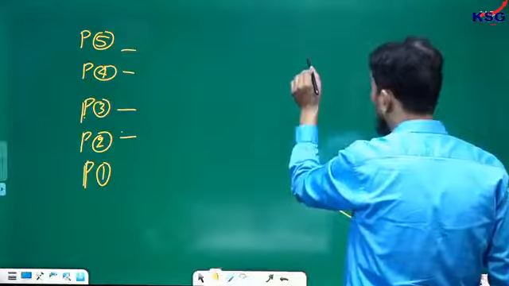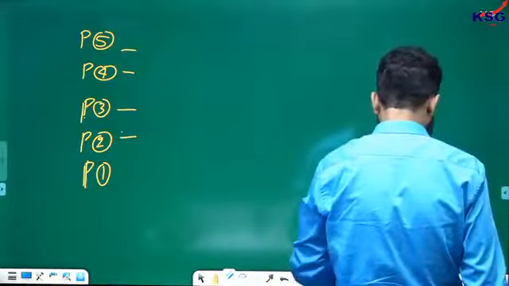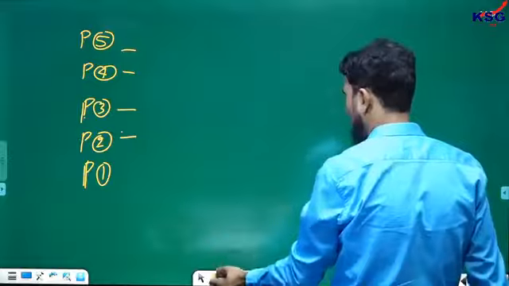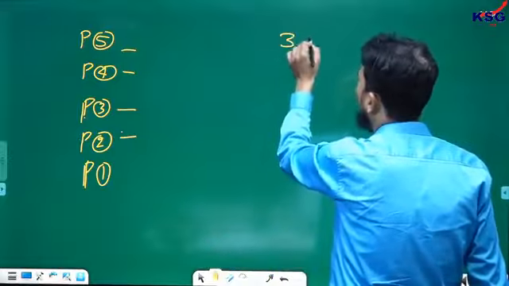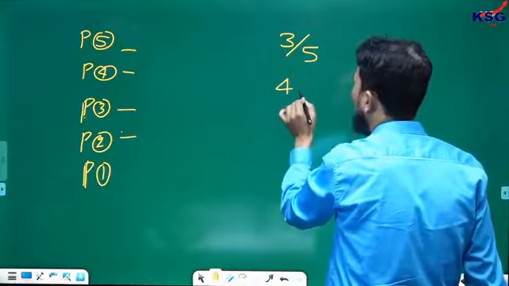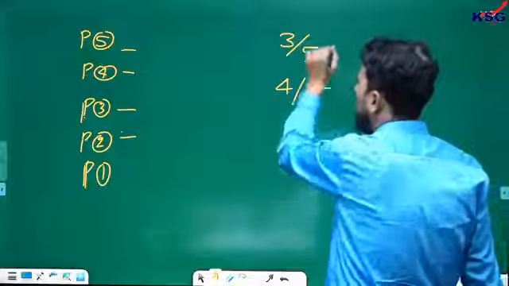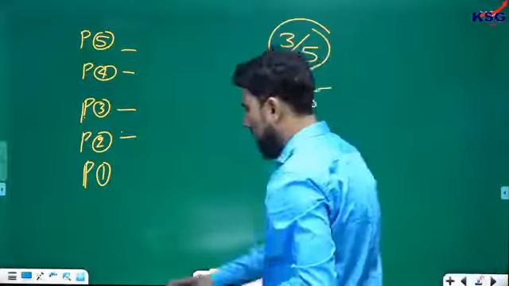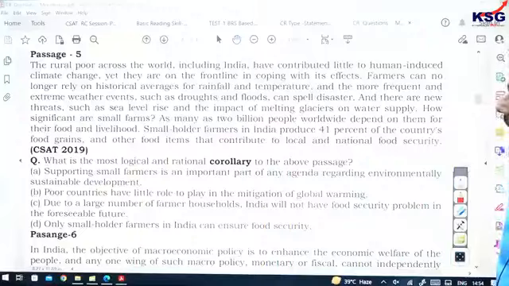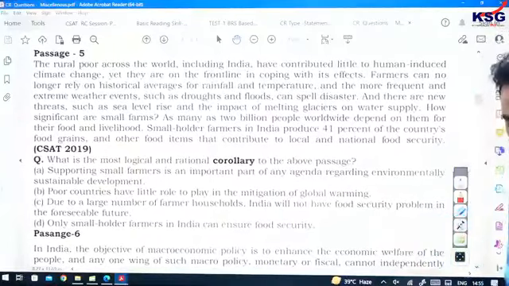And your score should be minimum 3 out of 5. Let's see how many are above this line, 4 or 5 out of 5. This is the minimum score. So time is not more than 10 minutes. Go ahead with passage number 5, the rural poor across the world.